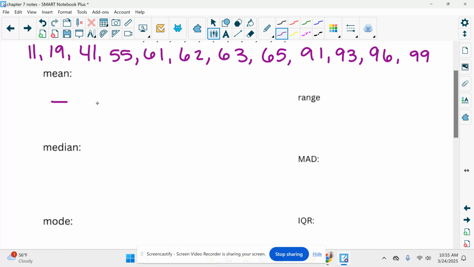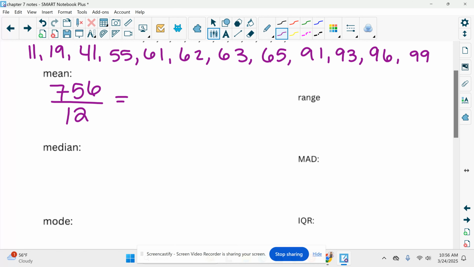Okay? So when I add all those numbers up, my sum of the numbers was 756. What am I dividing by? 12. That's how many numbers I have. So I'm going to divide it by 12. Just so you know, on your homework, tomorrow when you turn it in, you're going to have to tell me what the sum was over the number.